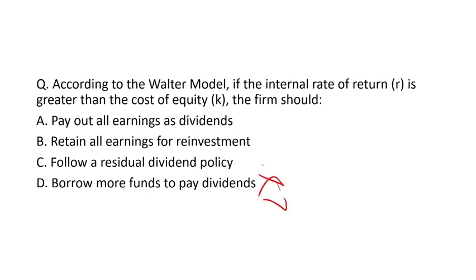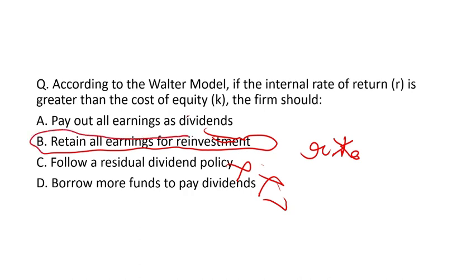Yesterday I had told you the major conditions regarding this, so hope you will do it correctly. No borrowing will be done, and no residual policy will be followed. Now it is saying R is greater than K, so returns are greater than cost of equity. In this case we will retain the earnings for reinvestment purposes. So option number B will be the right answer.